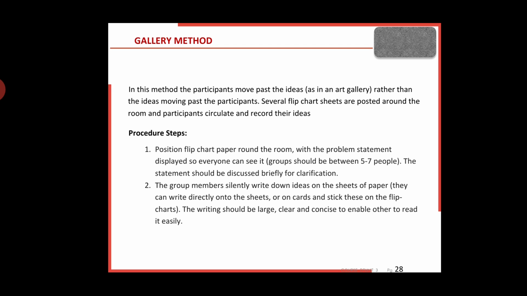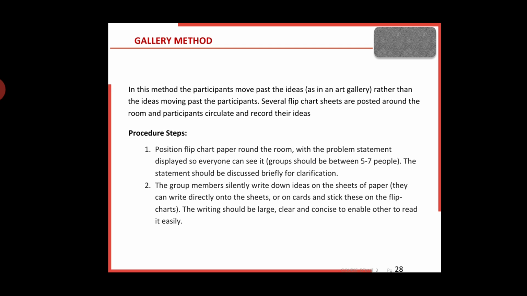What is the main motivation for the particular company or organization? Team building. It is similar to brainstorming, in that they are able to think and generate new ideas and thoughts for product development or product planning. This is the main motto of our gallery method.